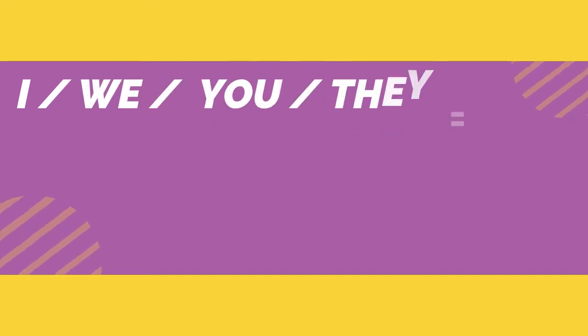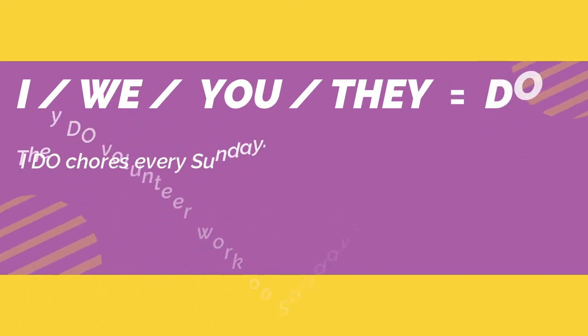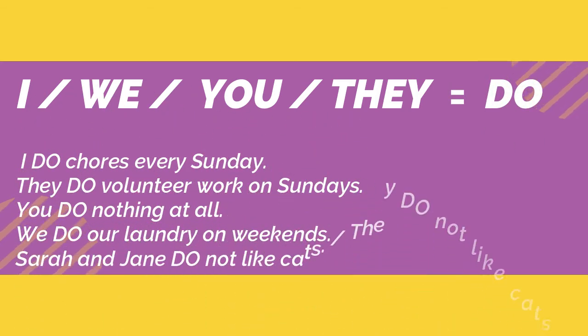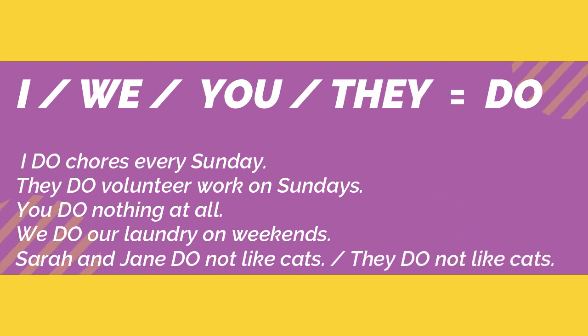When you're talking about anybody else, for example, I, you, or plural forms like we and they, you would use the word do. Keep in mind that do as a verb is used in very specific sentences in the present simple. For example, you do chores.